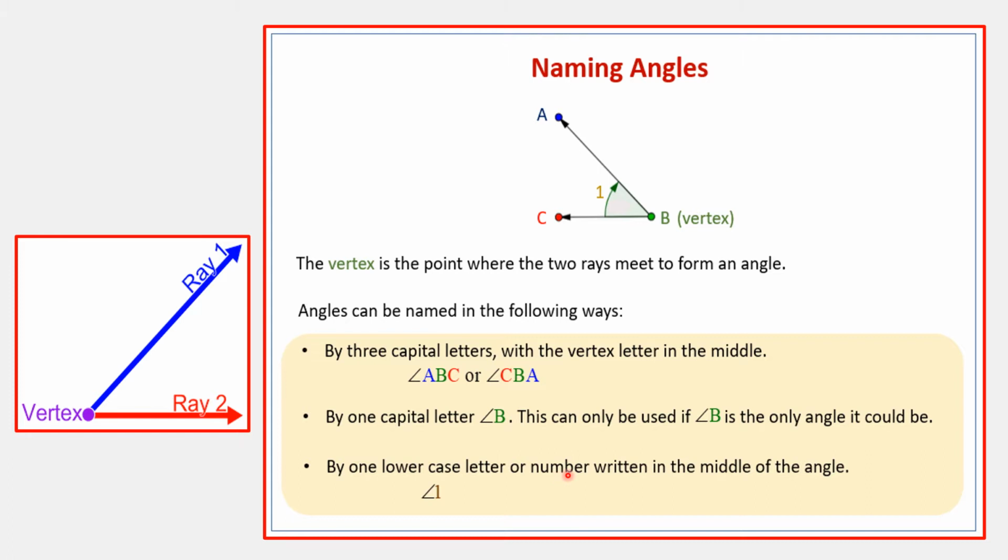You can see here another way of naming an angle: in the middle you have written 1, so you can name it angle 1. So three different ways you can name the angle: by three letters like angle ABC or CBA, or by one letter, angle B, or by a number like angle 1.